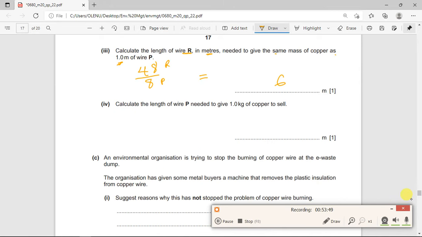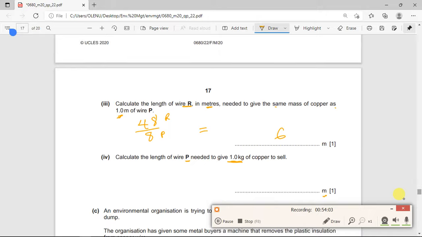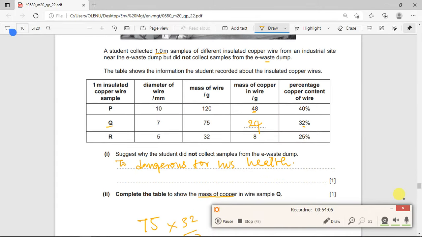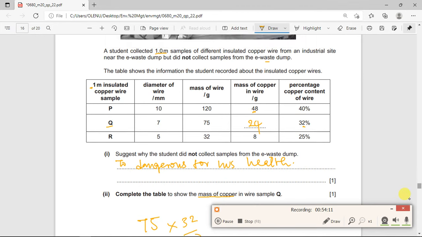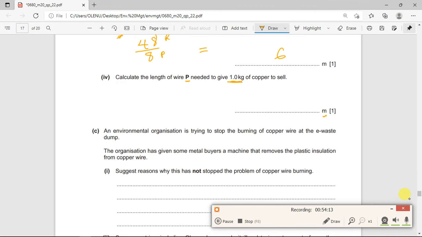Now they say calculate the length of wire P needed to give 1 kilogram of copper to sell. Your unit here is in meters, but here it is in kilograms. The mass of copper in wire P is 48 for 1 meter length. So for 1 kg to grams will be 1000.